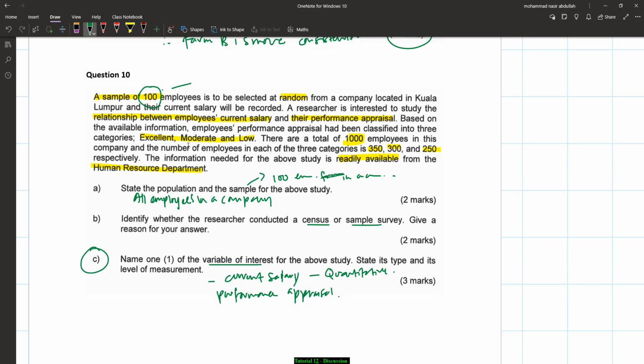Current salary is quantitative, continuous quantitative, and the level of measurement is ratio. Performance appraisal should be continuous quantitative as well, and the level of measurement should be ratio as well, right?